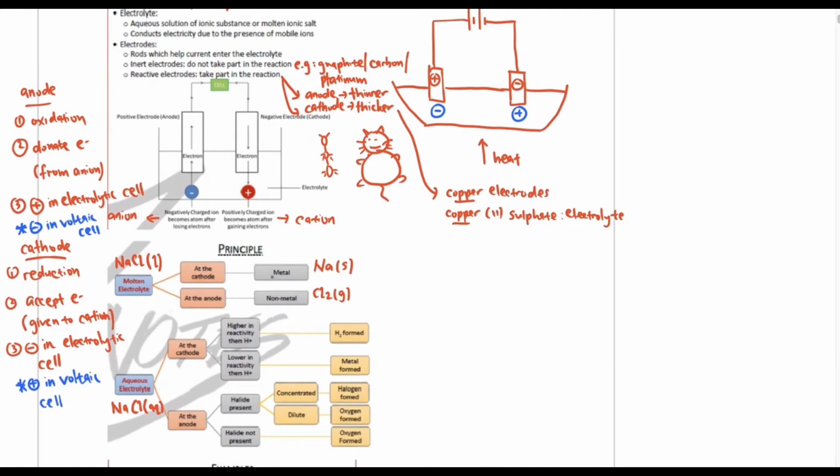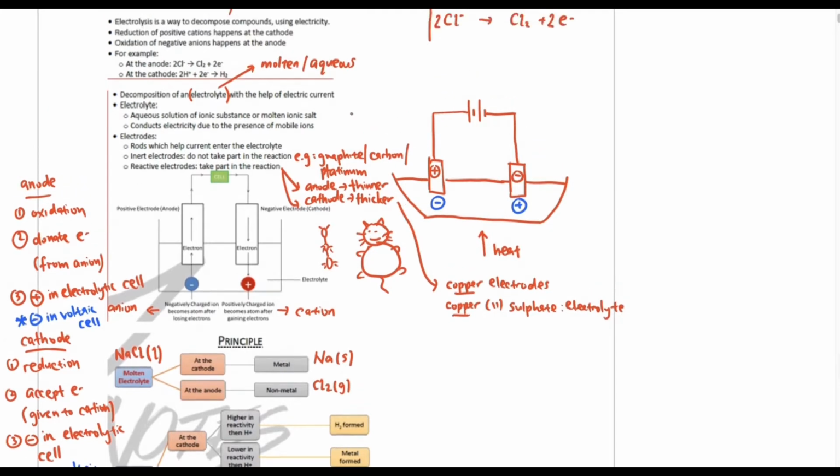Molten is kind of simple. Let's say, for example, I put another example. If you are using PbBr2 liquid, that means molten form. You put it in your crucible. Then Pb is Pb2+.